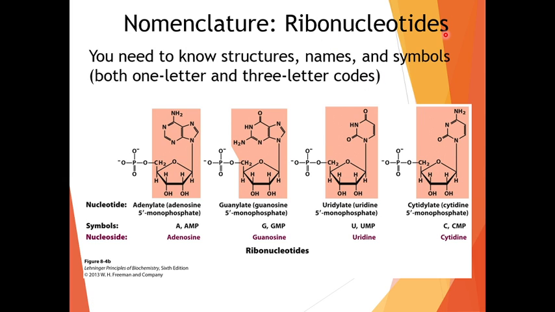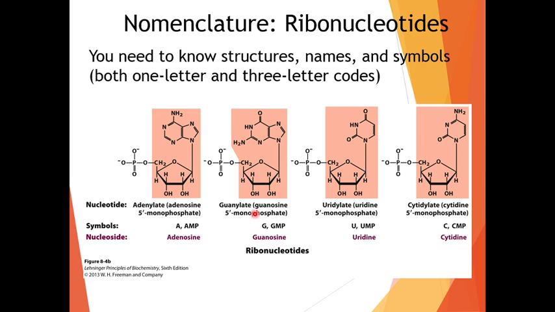Ribonucleotides, RNA first. Here you need to know structure, names, and symbols of all these nucleotides, both 1-letter and 3-letter codes as well. For example, adenylate or adenosine 5' monophosphate, or AMP, or A, or adenosine, which is a nucleoside.